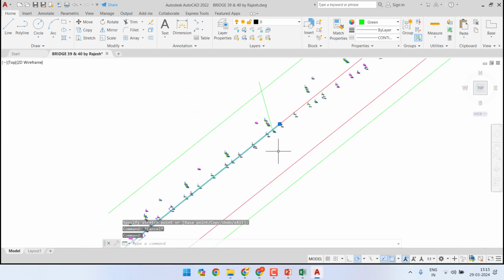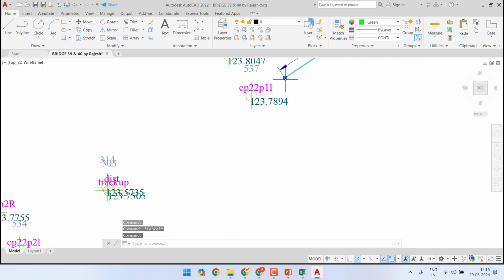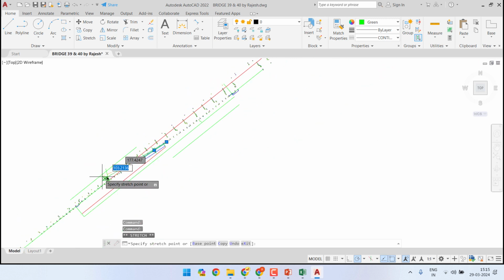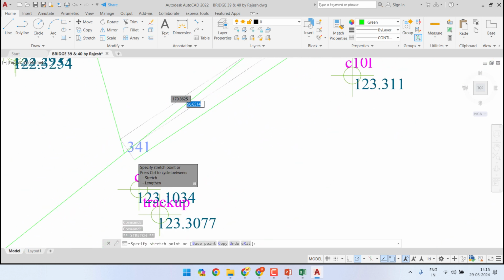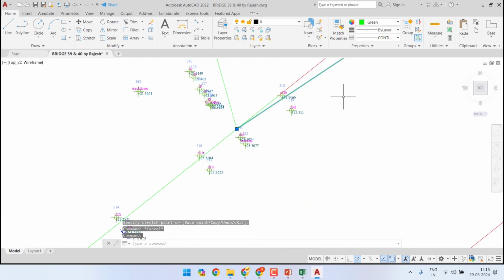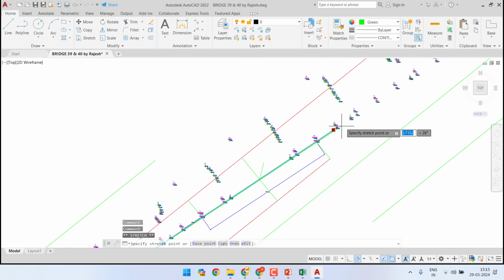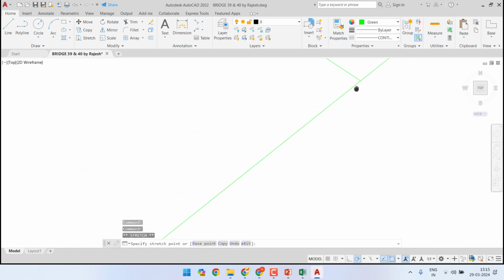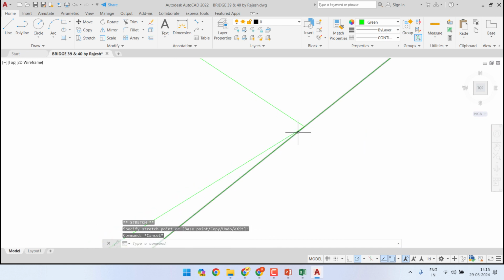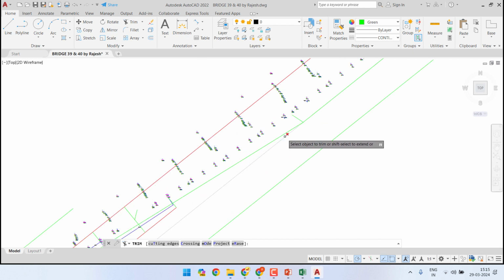And we will extend this line which has started from middle portion of the second curve, which was here. We will also extend its other end. Basically we are redrawing the tangents, actually nothing else. We are redrawing the two tangents. Alright, and then we will trim the extra part. This side also, whatever is extra we will trim it.